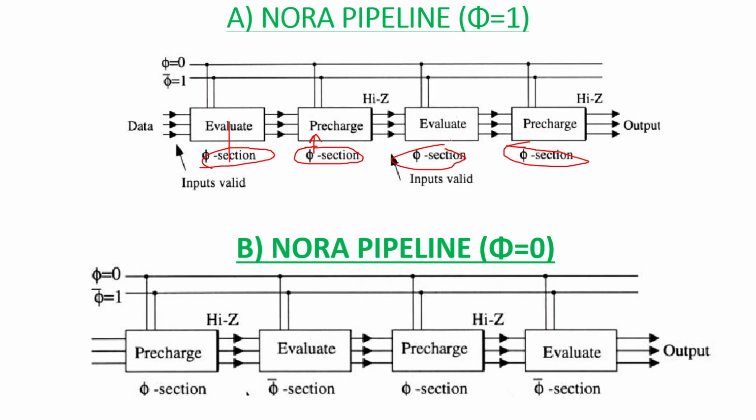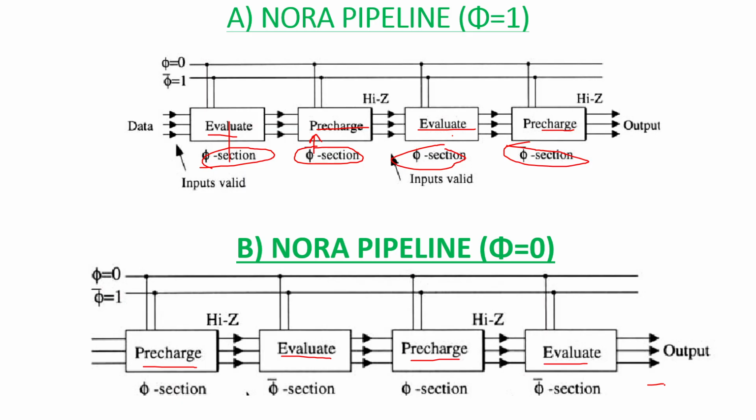And again we can see the phi section is undergoing evaluation and phi bar section is under pre-charge. And when phi equal to 0, the phi section is undergoing pre-charge and phi bar section is undergoing evaluation. So alternating, we can see they are going pre-charge, evaluate, pre-charge, evaluate. Here also, above also we can see evaluate, pre-charge, evaluate and pre-charge. So the outputs are valid in this section.